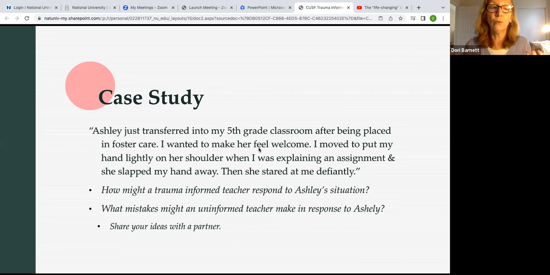So based on our discussion so far and just your own intuitive knowledge, in the breakout session first, how might a trauma-informed teacher respond to Ashley in this classroom situation, and what mistakes might an uninformed, non-trauma-sensitive teacher make in response to this scenario?